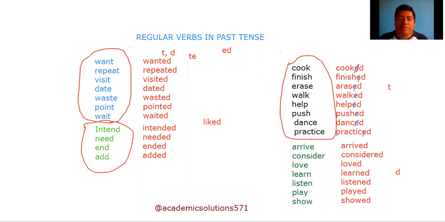And what about if we take a different verb that ends with the letter T? For example, expect. This has the letter T at the end. So when we add the ED, it will sound like expected in the past. Liked, expected.